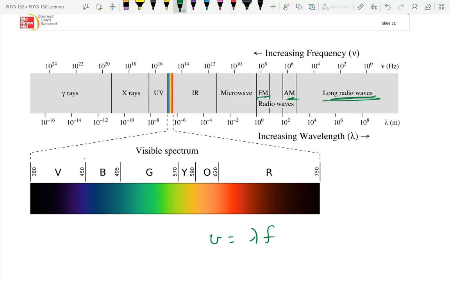That means that the amount of information you can carry with an AM station is about 1/100th the amount of information you can carry with an FM station. So if you want high sound reproduction, high fidelity sound, you're going to do better with FM. But for talk, nobody cares about your high quality reproduction of sound. They care about being able to understand clearly. So AM is better for talk, FM is better for music.